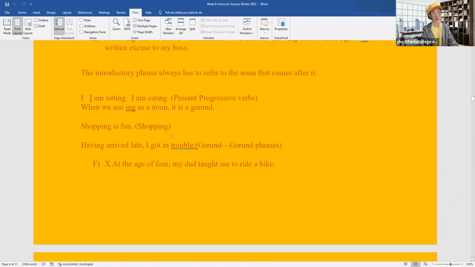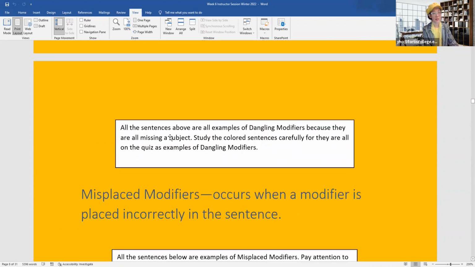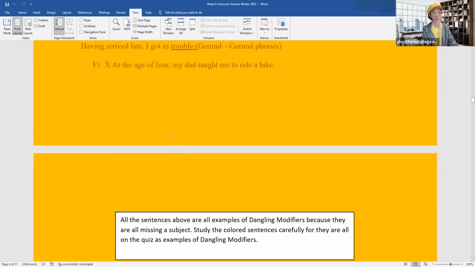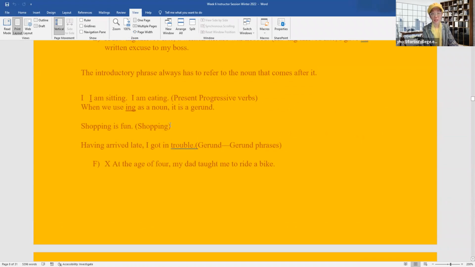And so here, all of these sentences, here's another dangling modifier mistake. At the age of 4, my dad taught me to ride a bike. At the age of 4, that meant that when I was 4, my dad taught me to ride a bike. And so once again, this is also a dangling modifier mistake because it's missing the subject.